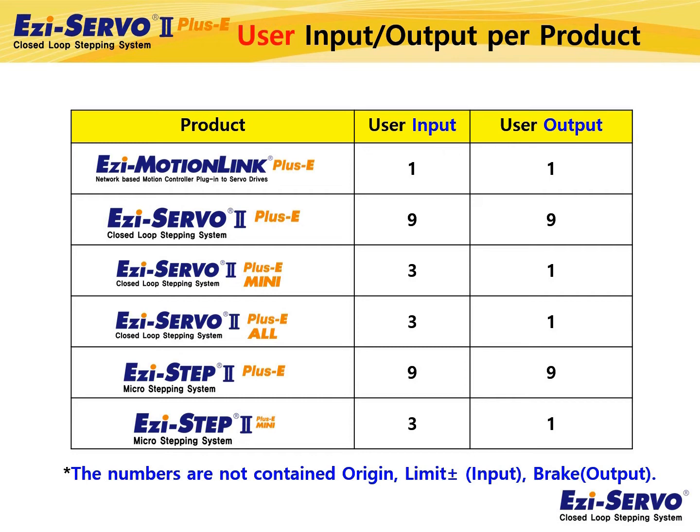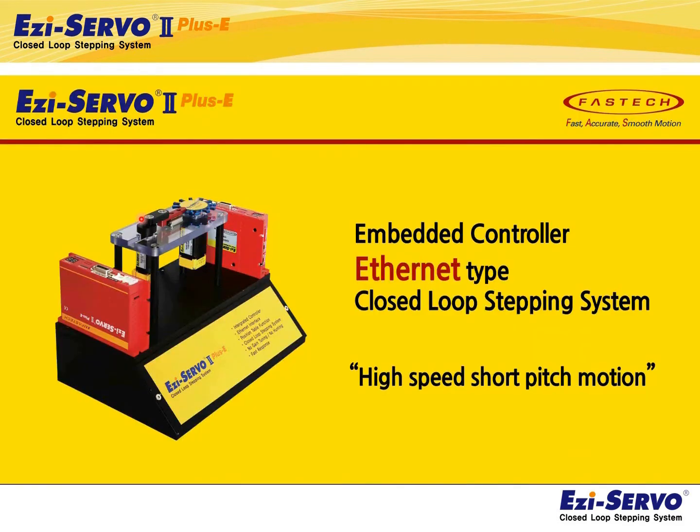The input-output that the user wants, such as a sensor, can be used only with a Fastech Plus E drive without a separate I/O module. In the demonstration you are seeing, a cam-shaped structure is mounted on the end of a small motor, enabling high-speed short-pitch motion to be realized without collision.